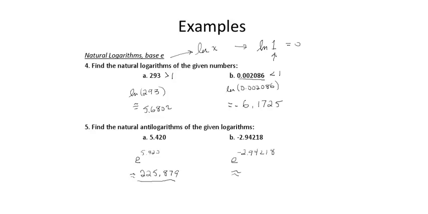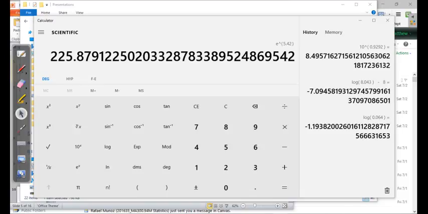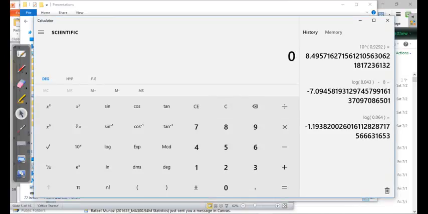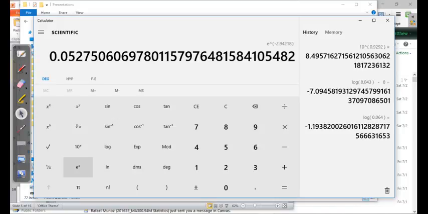So I'm going to go back to my calculator. Clear this out. I'm going to put in 2.94218. I want to take the negative of that value, and I'm going to take my natural antilogarithm, that is e to that number. Hey, yeah, and sure enough, just like we predicted, we're going to get a decimal, 0.0528.